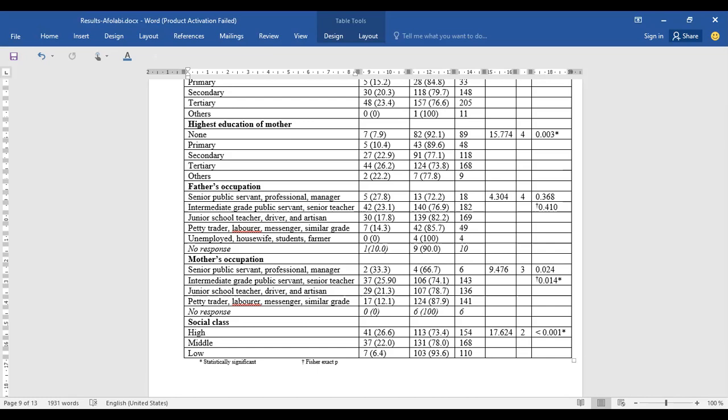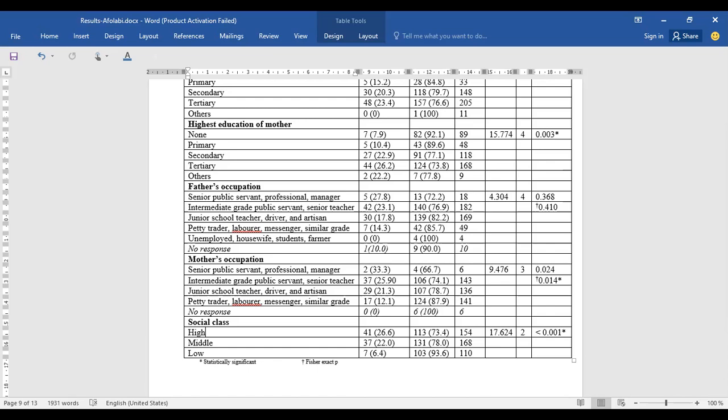It tells you that the mother's occupation is very important. The more exposed the mother is, the better the child's IQ and performance. That's what it shows you, because it's the mother that is closer to the children.